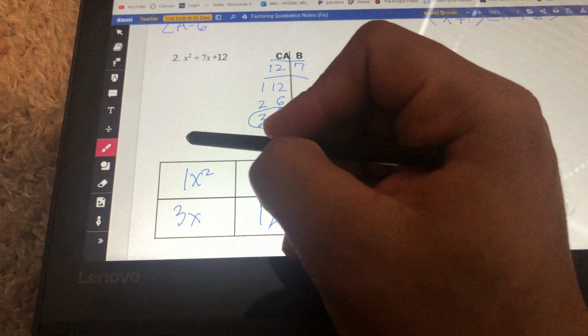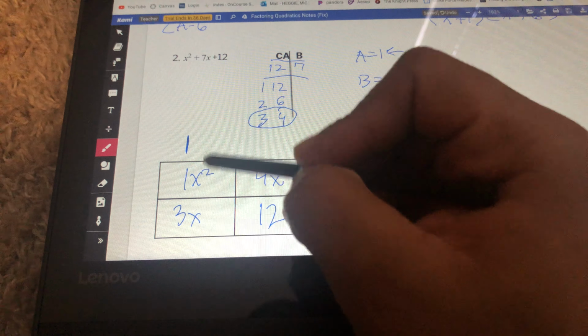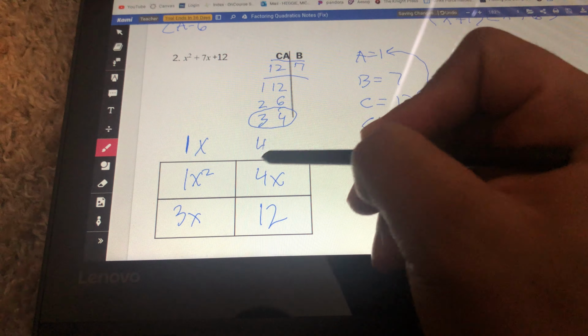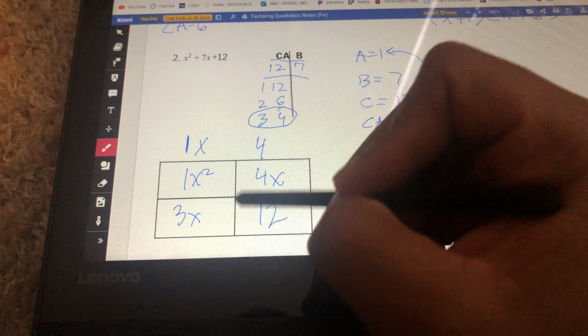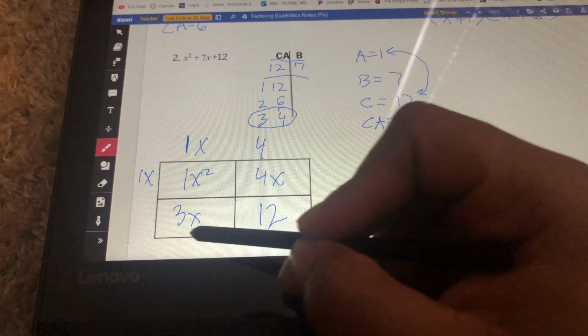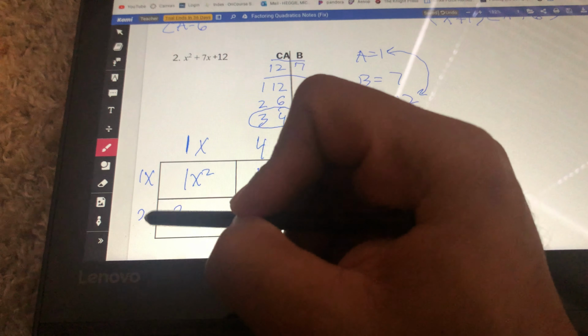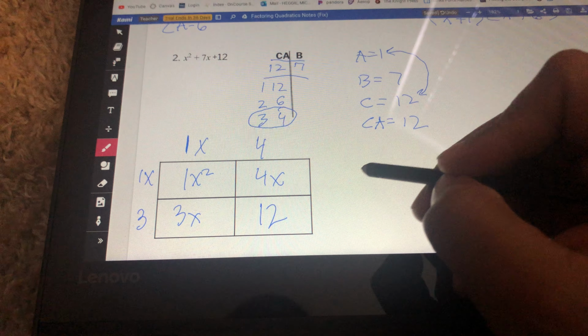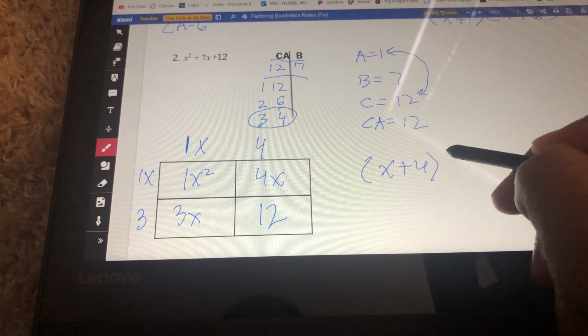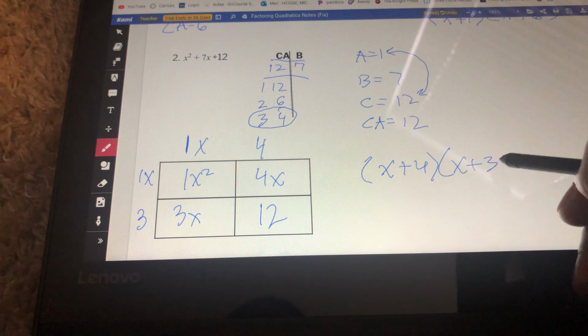The only thing they have in common is 1, and then they have an x in common. 4 and 12, they have a 4 in common, but no x's. 1 and 4, we just got a 1x in common. And 3 and 12 have a 3 in common. So my final factored answer is going to be x plus 4, x plus 3.